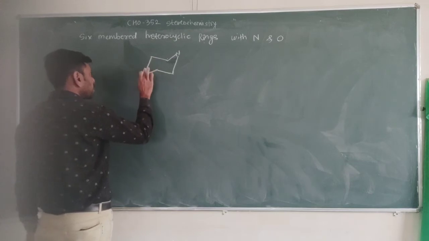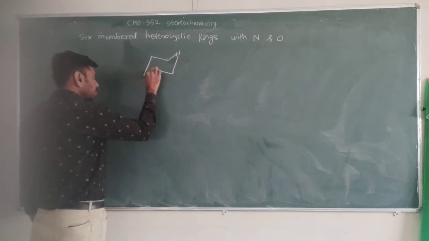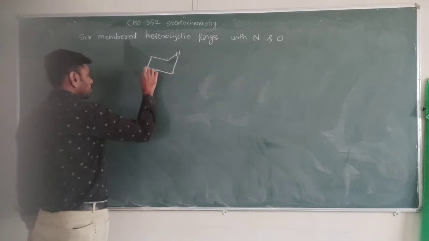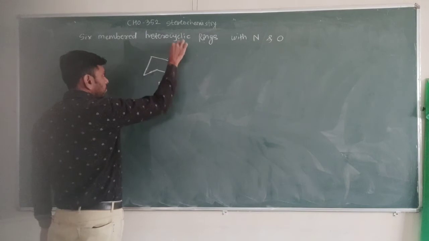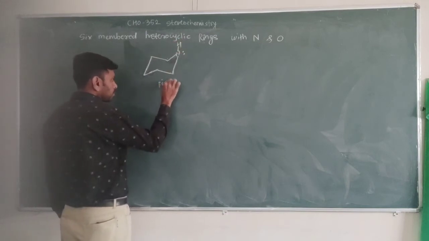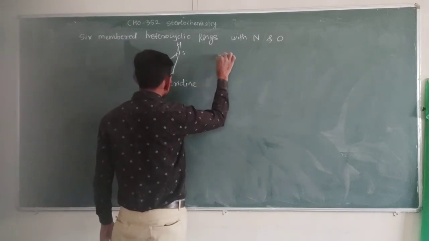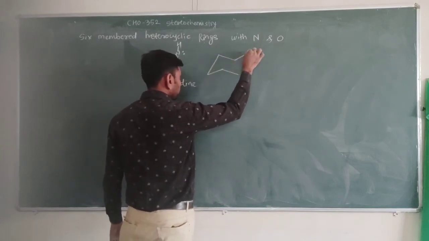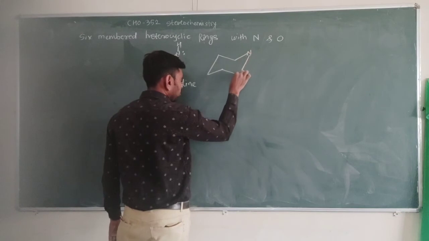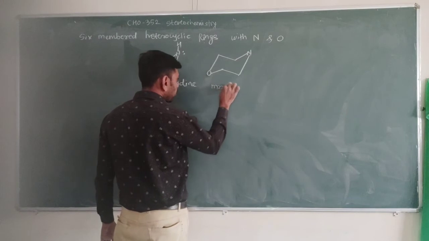Suppose that X is there. So this is the piperidine compound, and this is the morpholine compound.